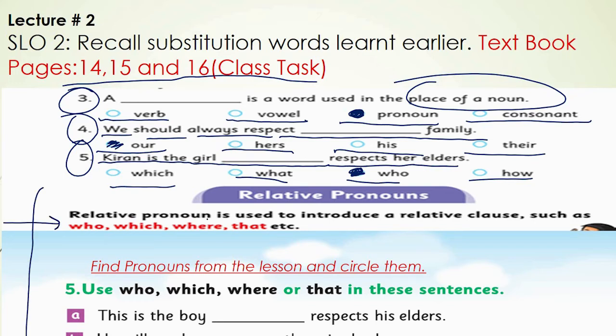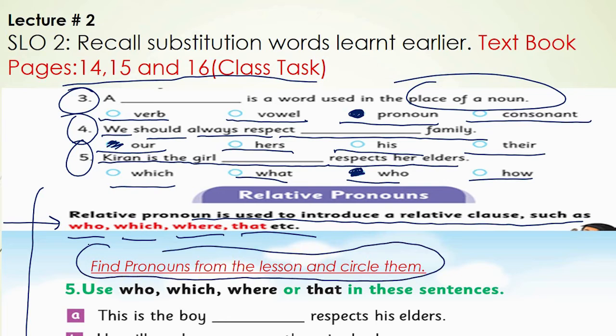A relative pronoun is used to introduce a relative clause, such as who, which, where, that. So as a home task, you have to find relative pronouns from the lesson and circle them. Use who, which, where or that in these sentences.